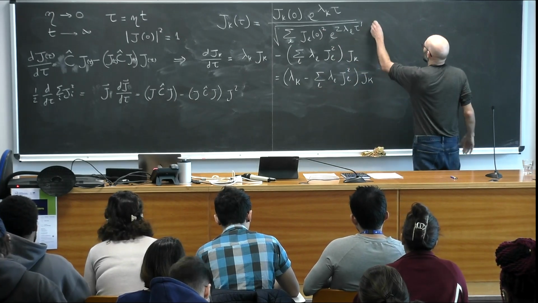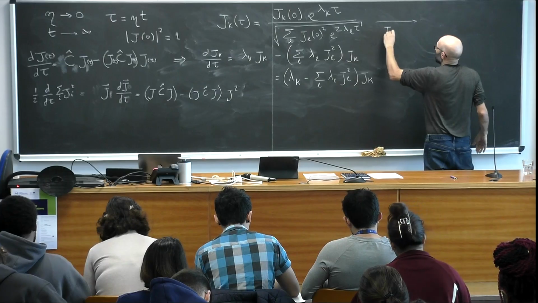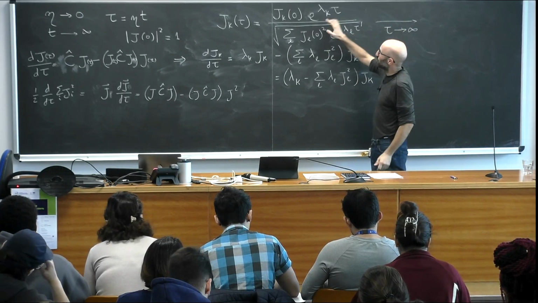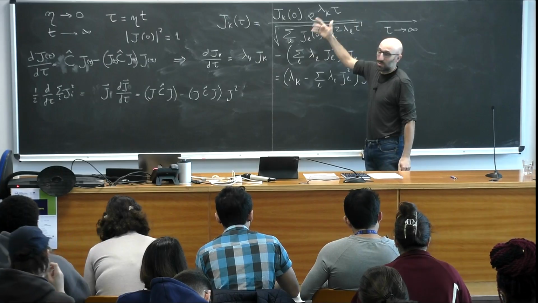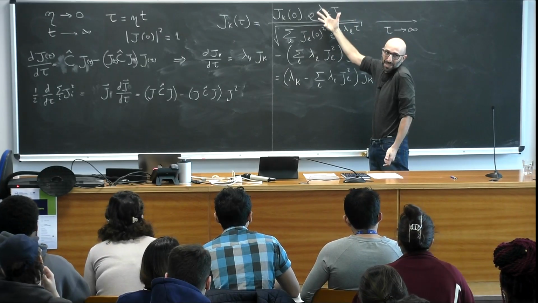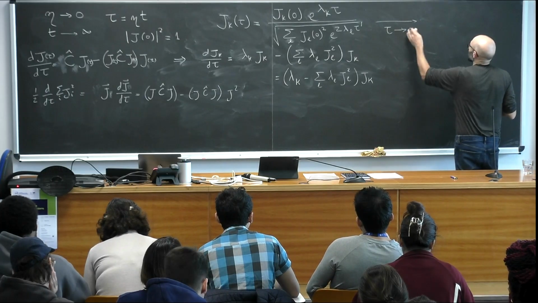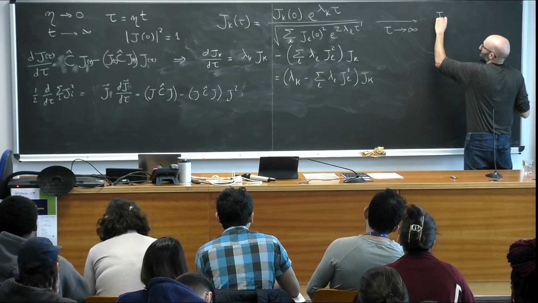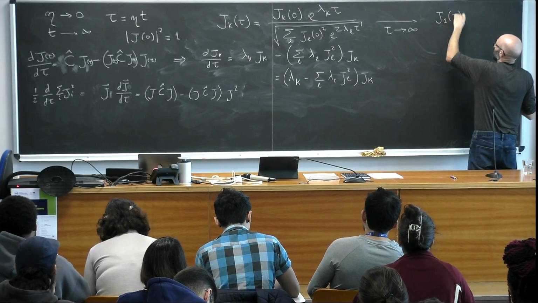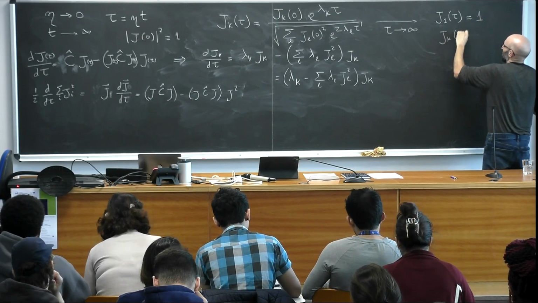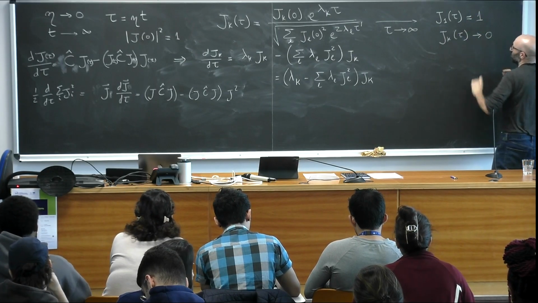So at long times, when tau goes to infinity, the component J1 will become the biggest, but then it's normalized, so it will go to 1. So J1 of tau will be equal to 1, and all the other j will go to 0 in the limit.